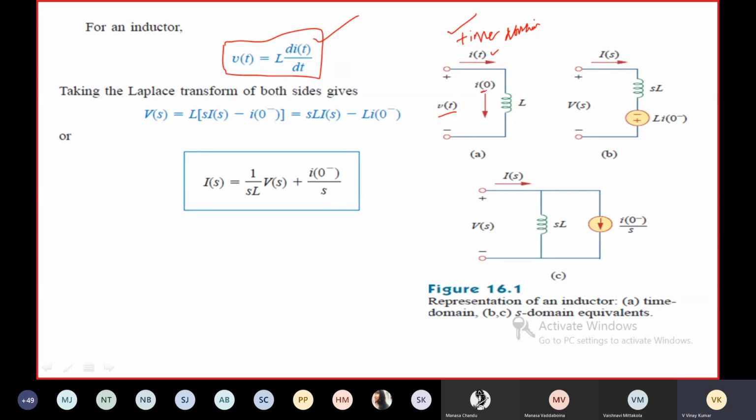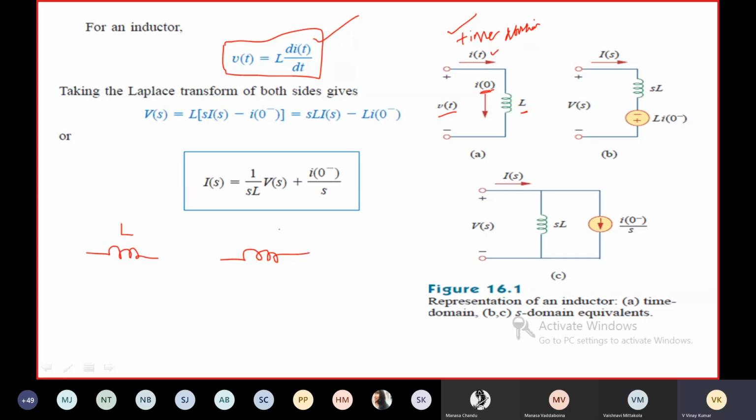There may be an initial value. If it is a charged inductor, there may be some initial value. Okay, L. This is in time domain. In time domain, L is the inductance.